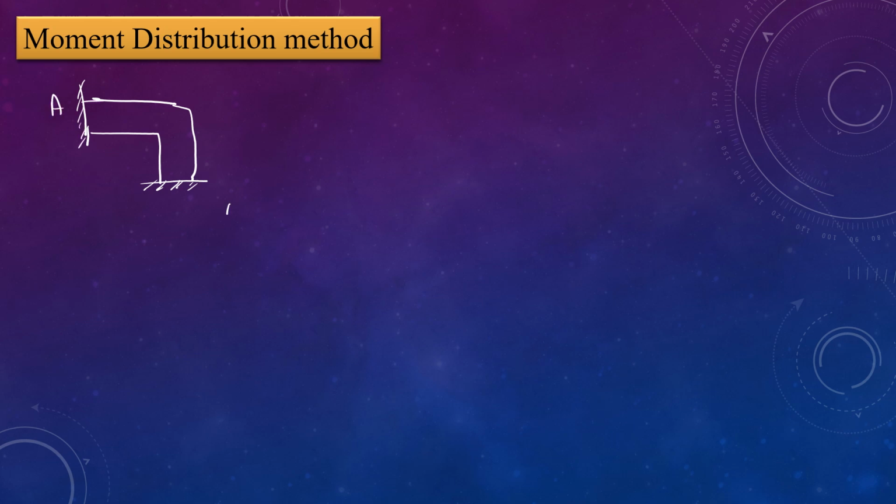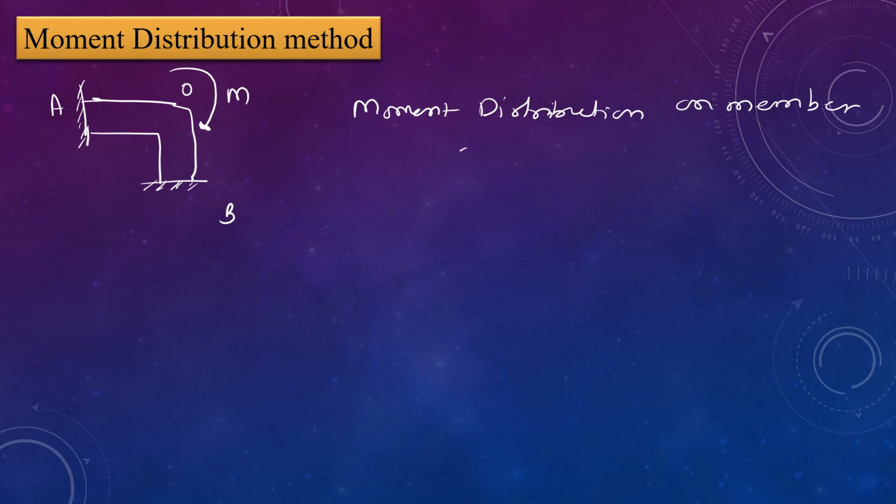This is support A, B and O. If we apply a moment M at joint O, then the moment is distributed on member OA and OB. OA is one member and OB is the second member. Moment is distributed on both members.